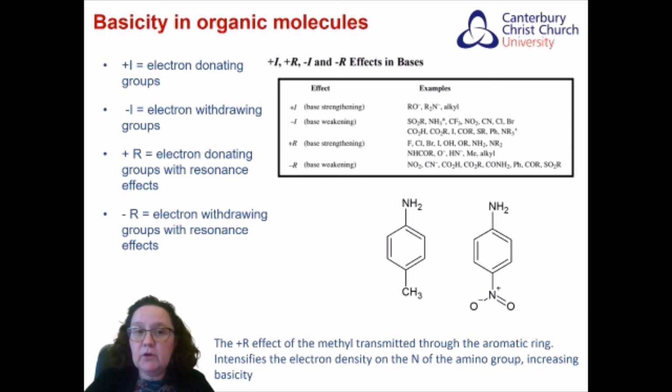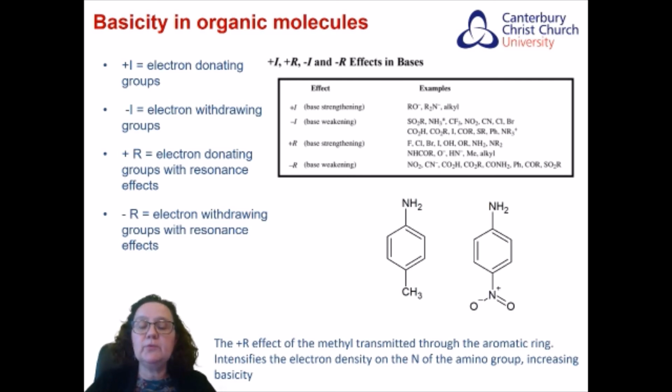Basicity in organic molecules, as acidity, is determined by the type of substituents of your carbon skeleton. So you can have electron donating groups by inductive effects through the sigma bond, or electron withdrawing groups, again through inductive effects through the sigma bonds. And then you have electron donating and electron withdrawing groups, but due to resonance, to the formation of resonant forms.